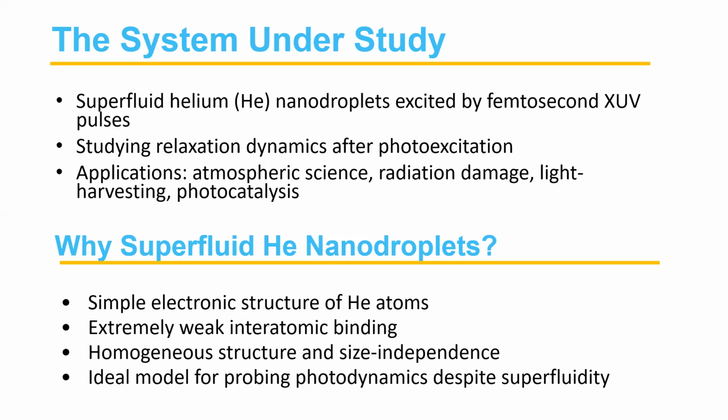They are size independent with a homogeneous structure, and it's a very ideal model if you want to probe different photodynamic studies. Even though they are superfluid, that is, they don't lose kinetic energy when they flow, these experiments usually occur at very low temperatures, on the order of 2 Kelvin.